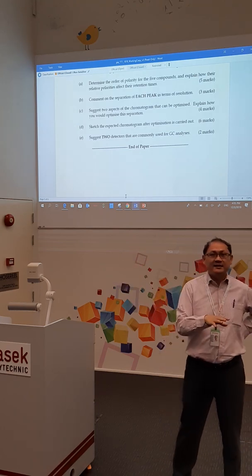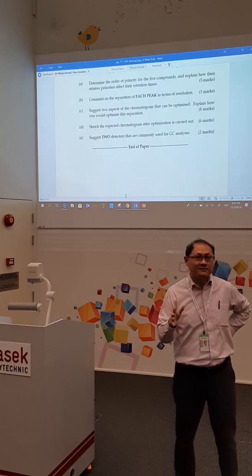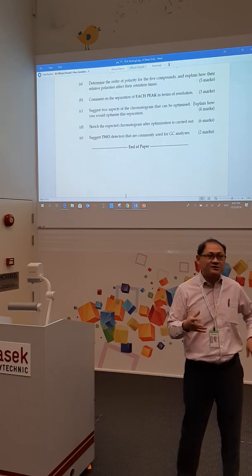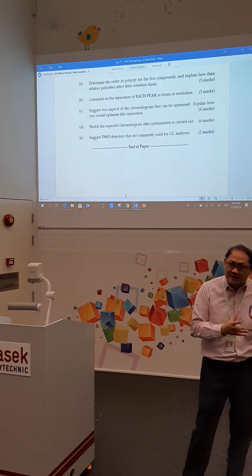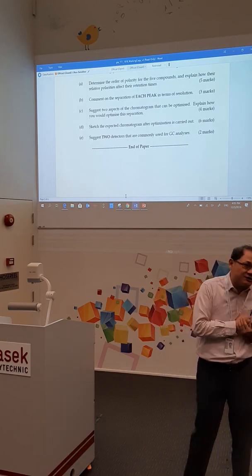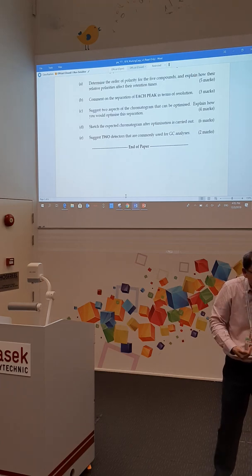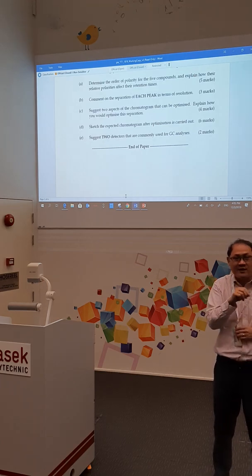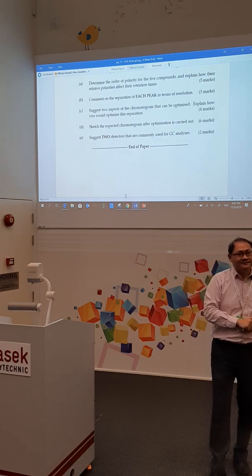You need to understand the advantages of the individual methods, meaning under what circumstance you need to specifically apply, let's say, standard addition. And you need to know how you usually carry it out. You need to be able to describe step by step how you do it.